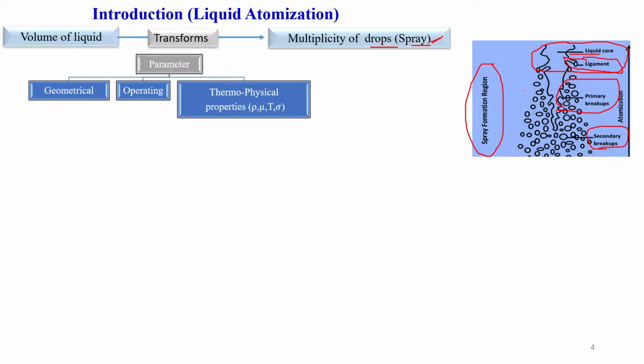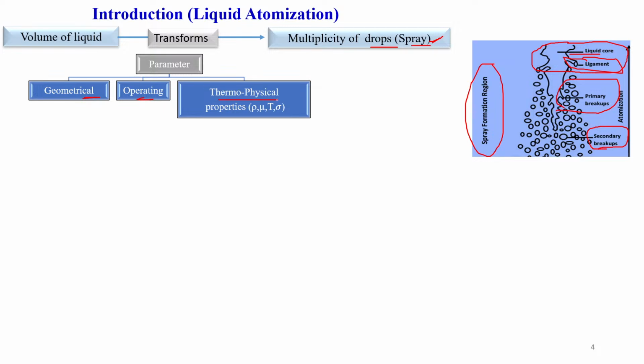The important parameters which affect the spray characteristics are the geometrical parameters, that means the design of the atomizer or injector, and the operating conditions: fluid velocity, air velocity and pressure. These come under operating parameters. Another one is the thermophysical properties.